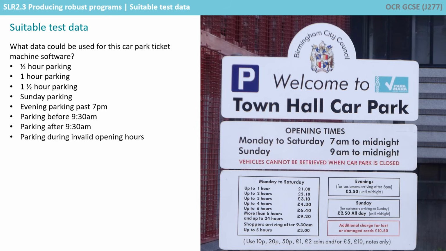There's a whole host of inputs here that we would need to test. Just to name a few, let's say you could input half an hour of parking, an hour and a half of parking. Does your program handle all these situations correctly? Does it output the correct price if you do Sunday parking, evening parking past 7 p.m, parking before 9:30 a.m. and after 9:30 a.m, and trying to park during invalid opening hours?